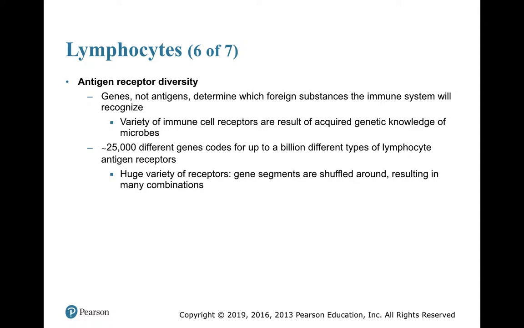And there are about 25,000 different genes coding for about 1 billion different types of lymphocyte antigen receptors. There's a huge variety of receptors. This is an unusual genetic situation because gene segments are shuffled around, moved around. We get a lot of variability. This is not your typical one gene, one enzyme relationship.